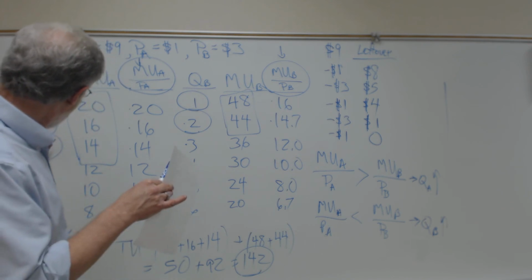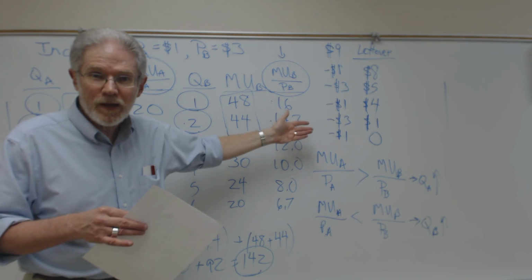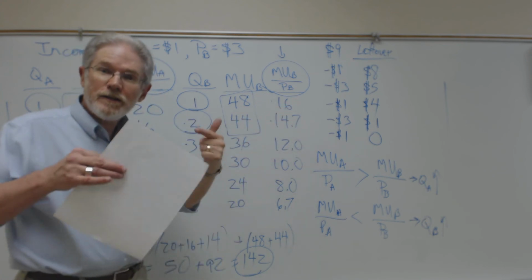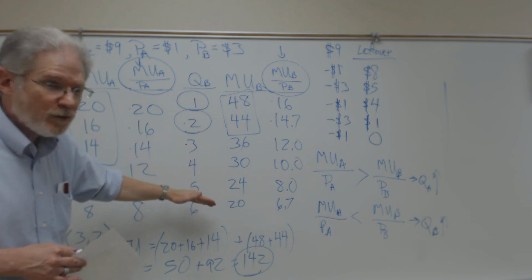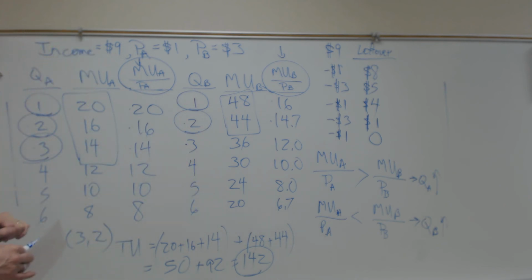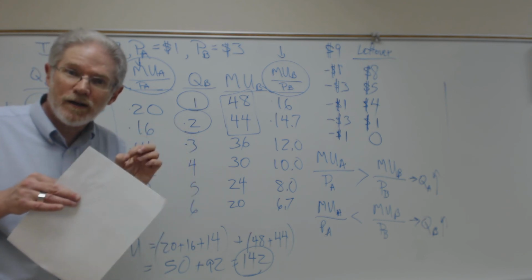If he bought more apples, well, he'd have to cut back on his bananas. And if we work through it, we could show his total utility would go down. If he wanted more bananas, well, he'd have to cut back on apples. And his total utility, again, would go down.